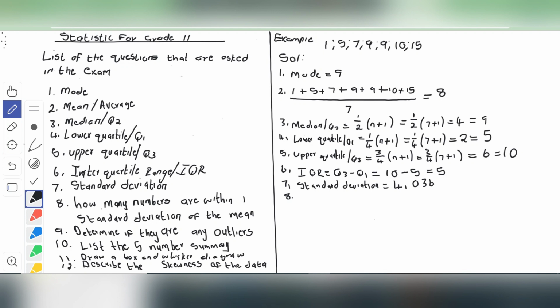So, for number 8, it says, how many numbers are within one standard deviation of the mean? They're talking about what? The standard deviation and the mean.